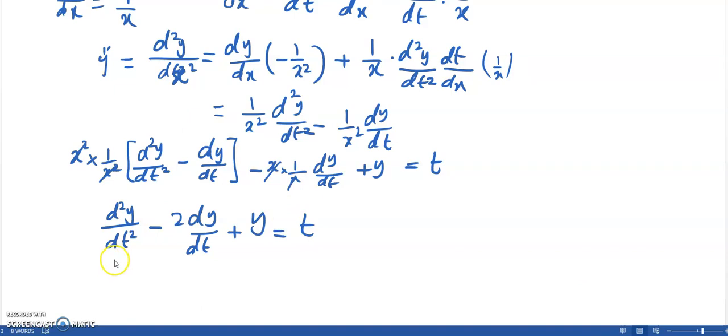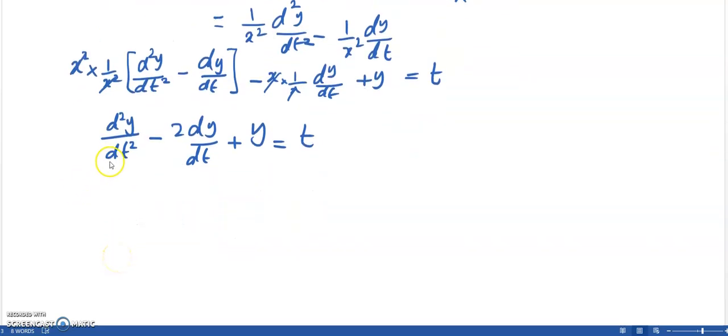Okay, so now this equation is a second order differential equation with constant coefficients.